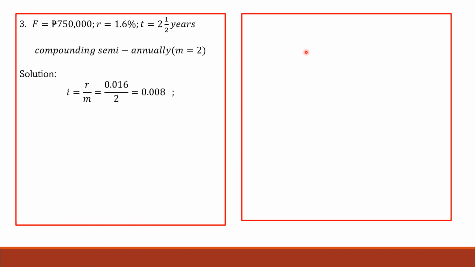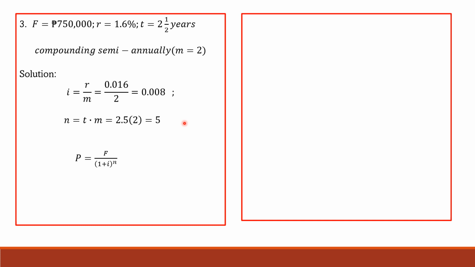Now, I is equal to R divided by M. 1.6% convert to decimals is 0.016. And then, semi-annually, so that is 2. I is equal to 0.008. And N is, time is equal to 2.5 because 2.5 years times semi-annually, so M is equal to 2, N is equal to 5.